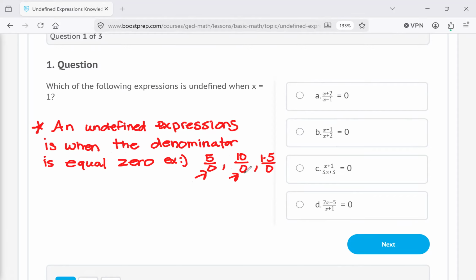And also, key note, please do not get confused when the 0 is on the numerator. That is not undefined. Instead, it's equal to 0. So maybe go ahead and write this down. A lot of people get this confused.